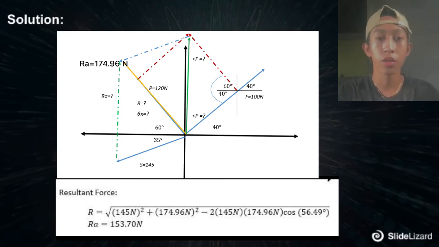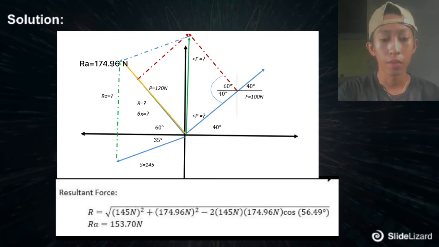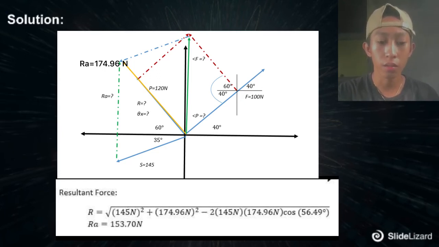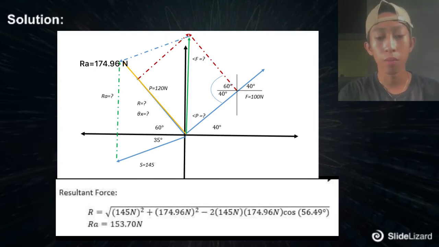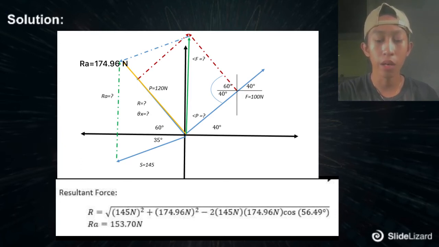S squared is equal to 145 Newton squared plus 174.96 Newton squared minus 2 multiplied by 145 Newton multiplied by 174.96 Newton multiplied by cos 56.49 degrees.